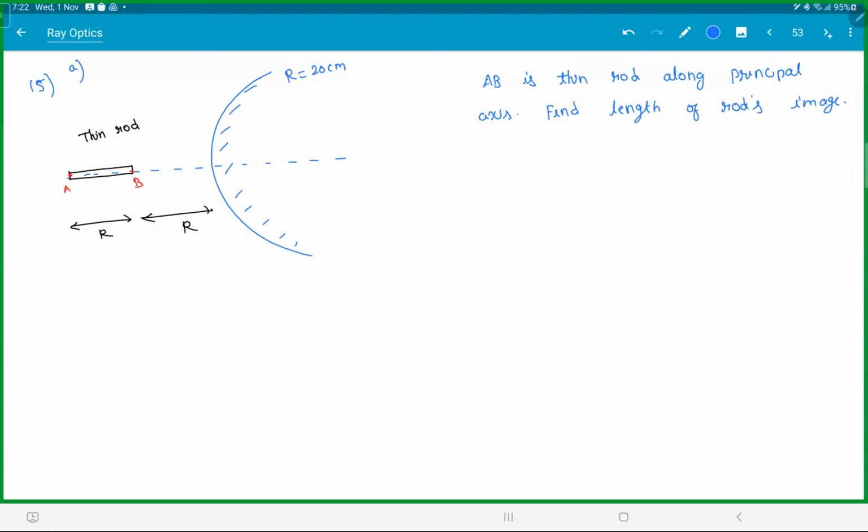If you can find the images of the extreme points of the rod, then all the remaining images should lie between them. The images of the other points will lie between them.